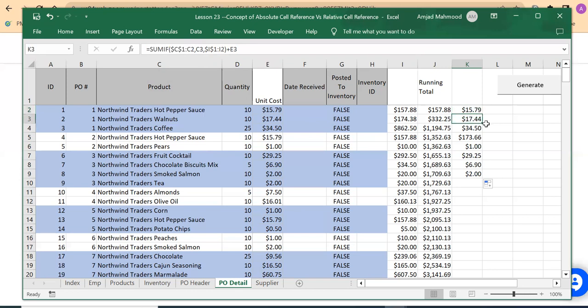So we are adding this one, not, we have to add this E. Instead of E, we will add I. Yeah, this is the right one, okay? So 154, that's right.